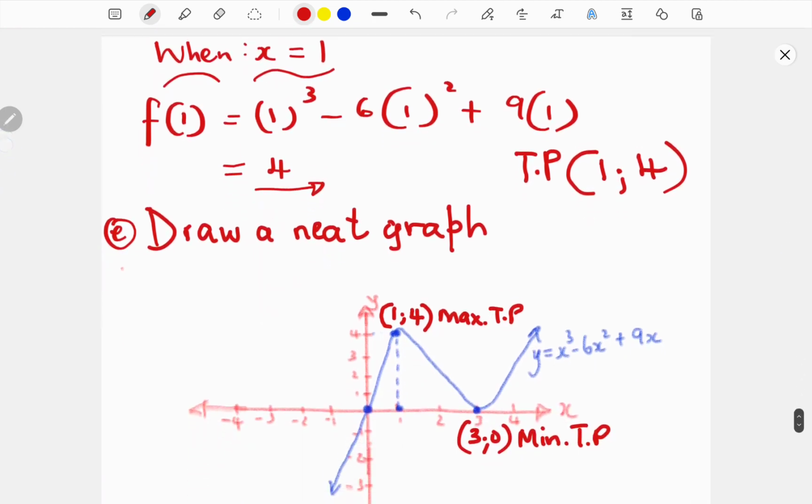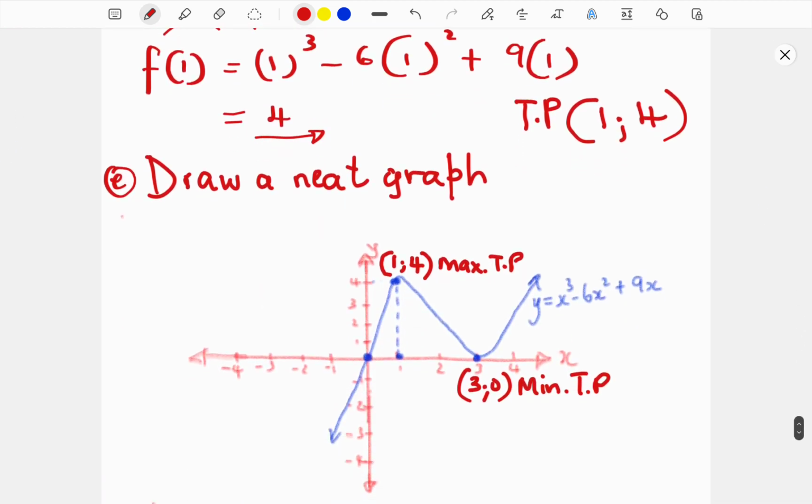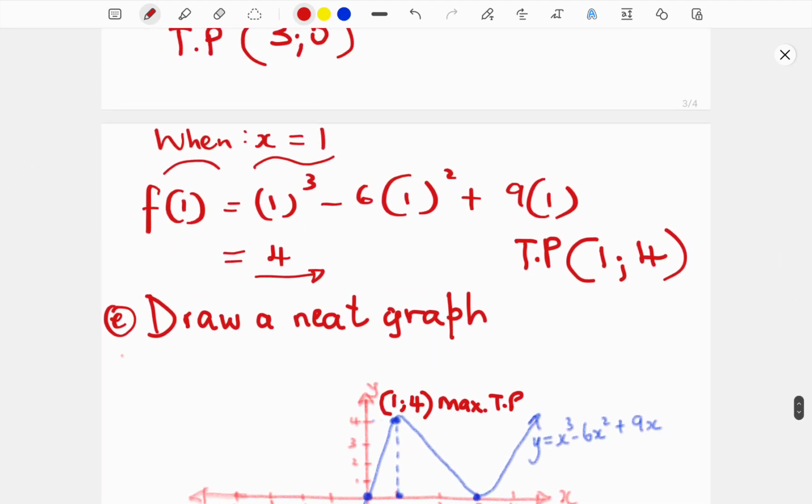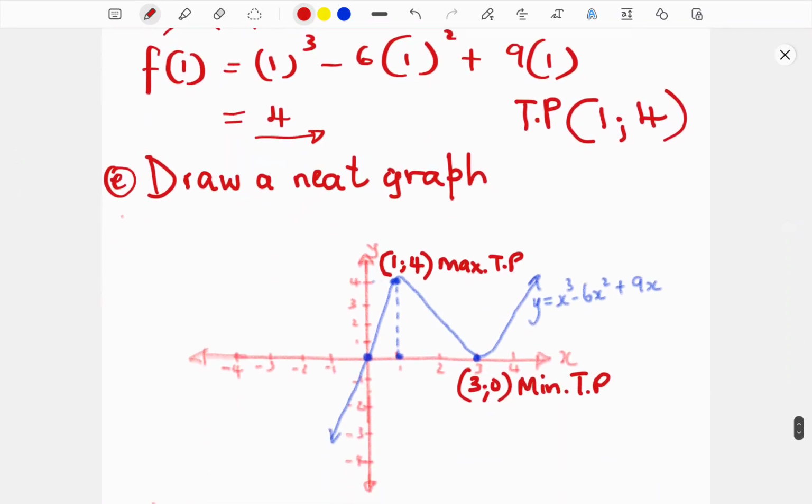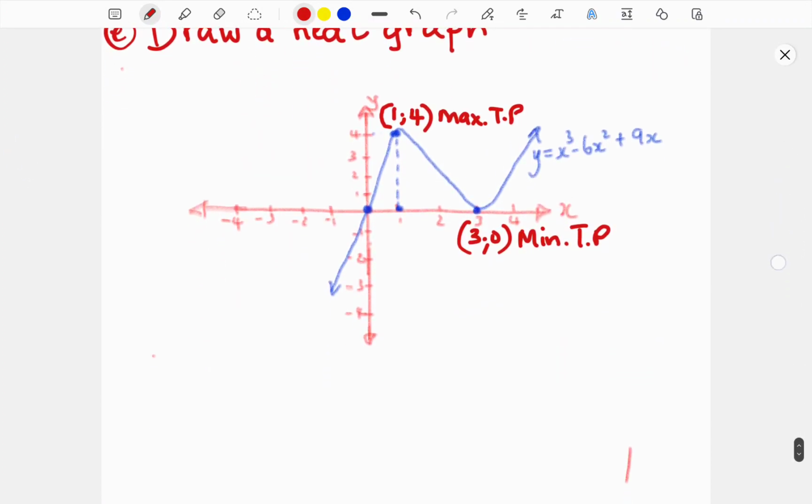So now we're going to use all of these values to draw a neat graph. How are we going to draw our neat graph? We're going to use all of those points. Remember, the y-intercept was a point whereby when x was 0, the y value was also 0.